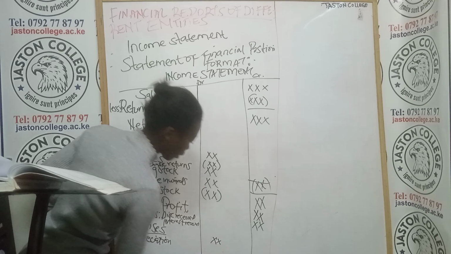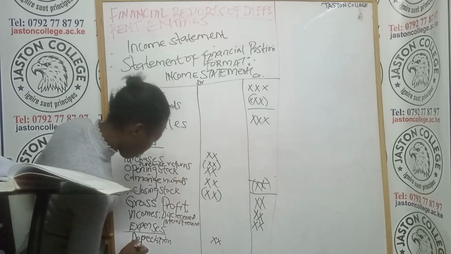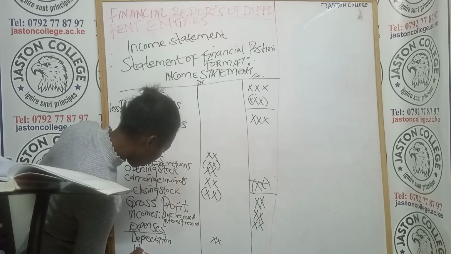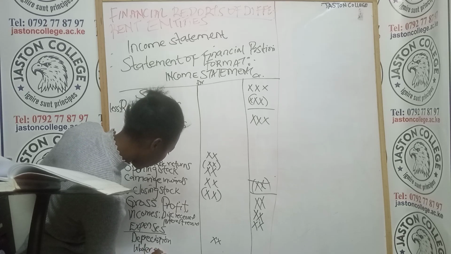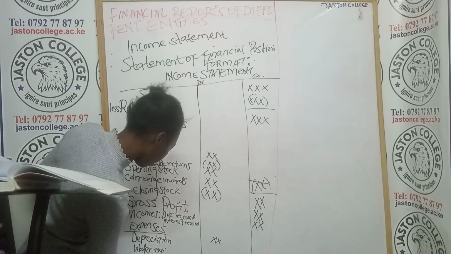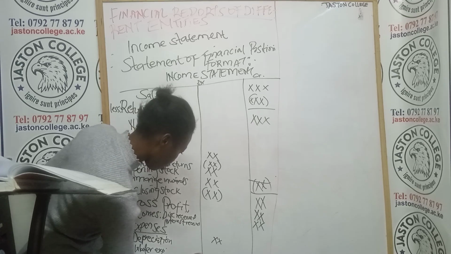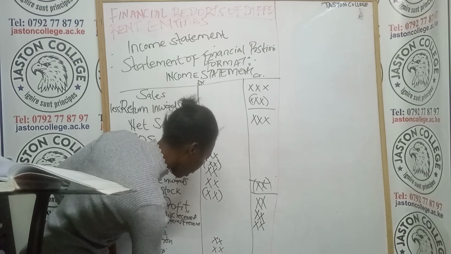We will debit that. Then we have maybe water bills, water expenses, motor vehicle expenses, we will put all of them here.